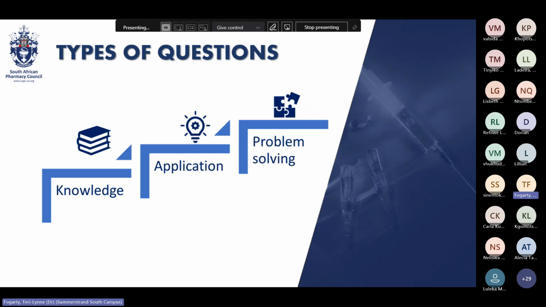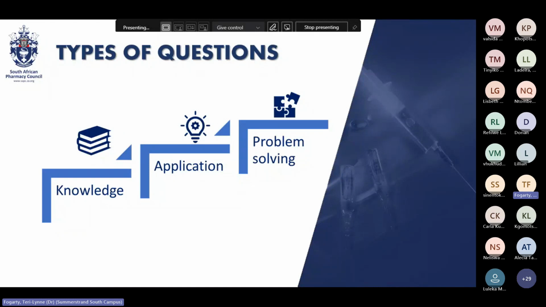And then the third type of question that we ask is a problem-solving question. Now, a problem-solving question will also give you a scenario, but it will give you a few pieces of information, maybe 2 or 3 pieces of information that you've got to pull together and think about together, and then determine what the single best answer is, or the single best approach is in terms of the options that you've been given.